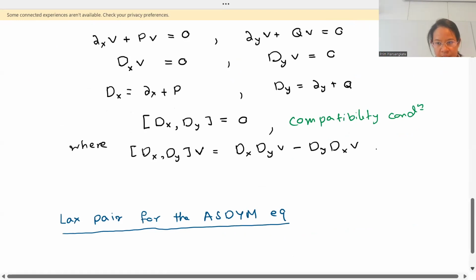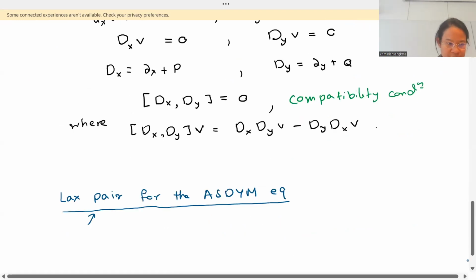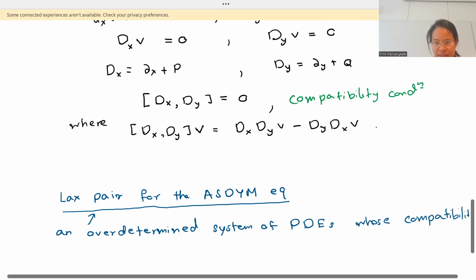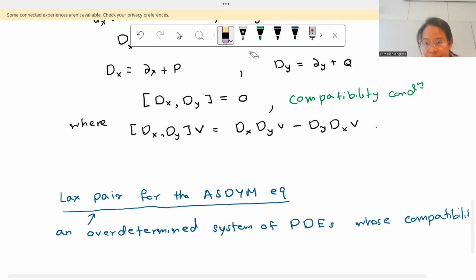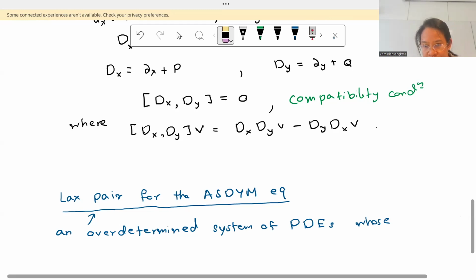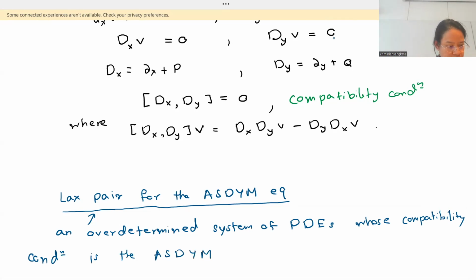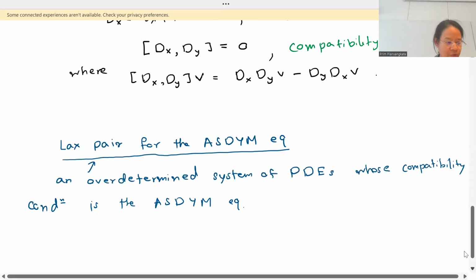Let me summarize again that the Lax pair for the anti-self-dual Yang-Mills equation is an overdetermined system of PDE whose compatibility condition is the anti-self-dual Yang-Mills equation.